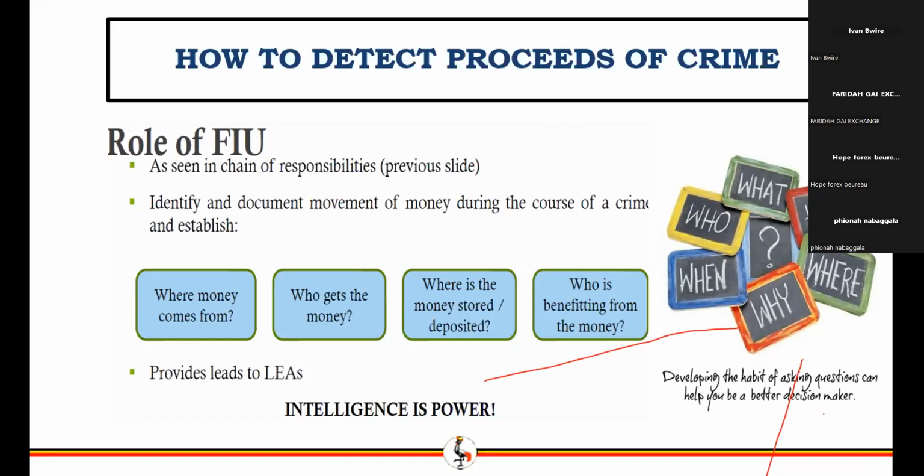We mainly track the movement of money to establish any suspicious transactions or any money that forms suspicion in regard to having been obtained from an illegal act or illegal criminal activity. And then upon satisfying ourselves that there was money laundering or this is illicit proceeds of crime, we disseminate that information to law enforcement agencies.